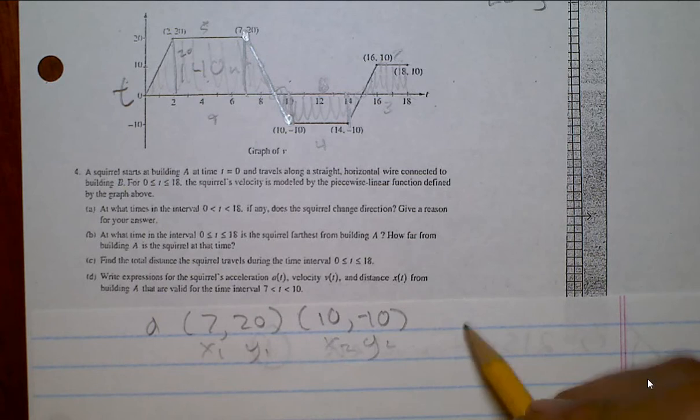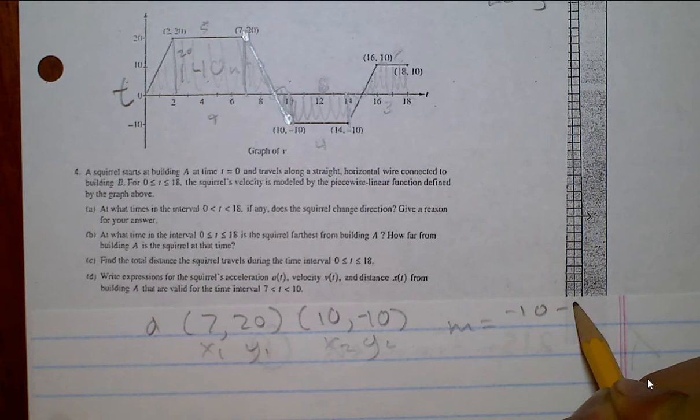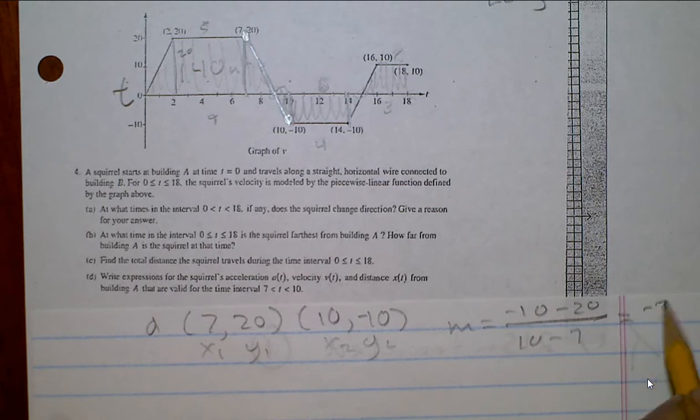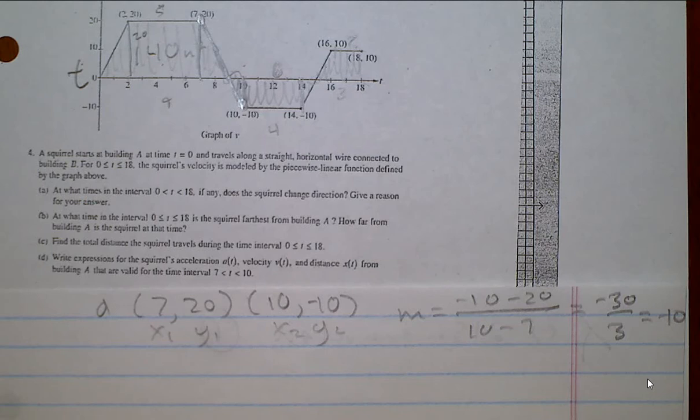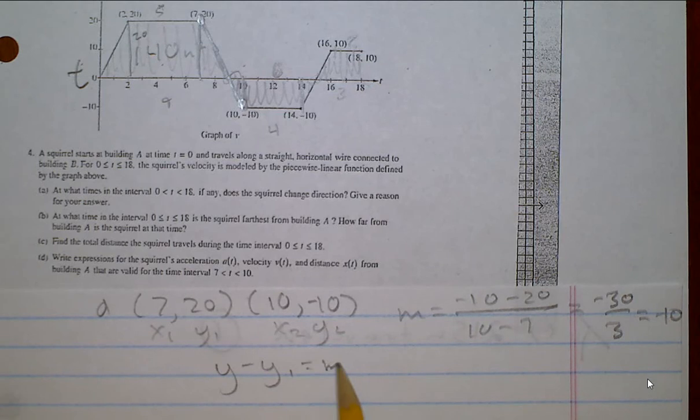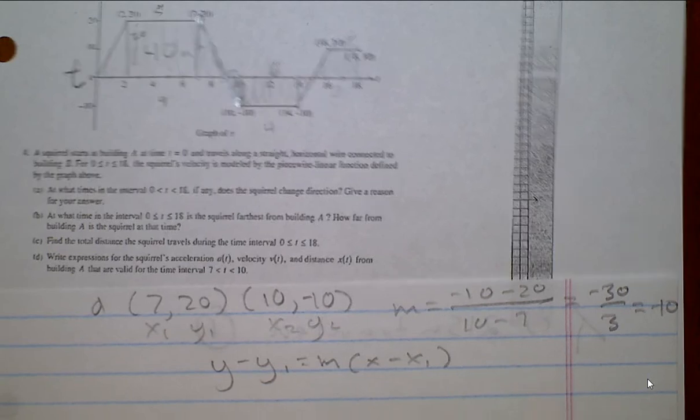Let's find our slope, which is -10 minus 20 over 10 minus 7, -30 over 3, which is -10. There's your slope. Now we're writing our point-slope form here, which we should have memorized by heart.